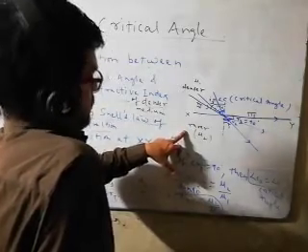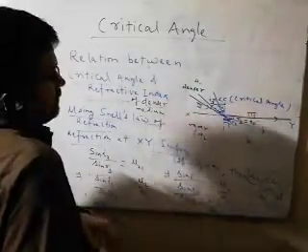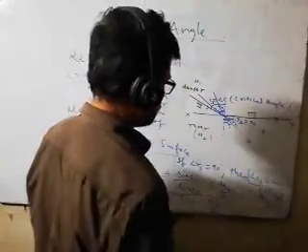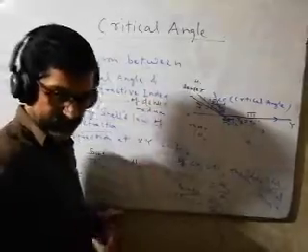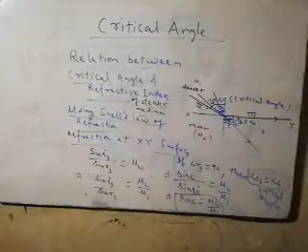Now what is mu1? Mu1 is of denser medium. That mu1 we are writing as mu, and this rarer medium is air. Rarer medium is air.